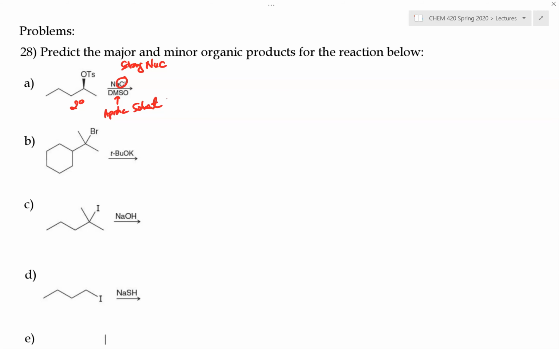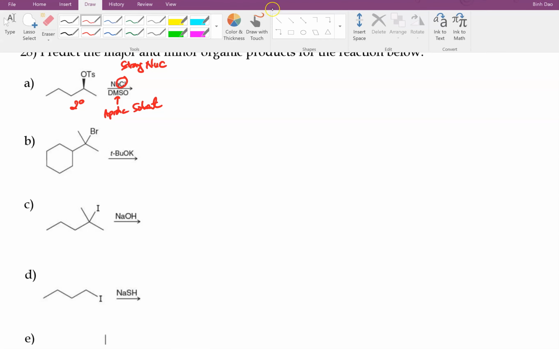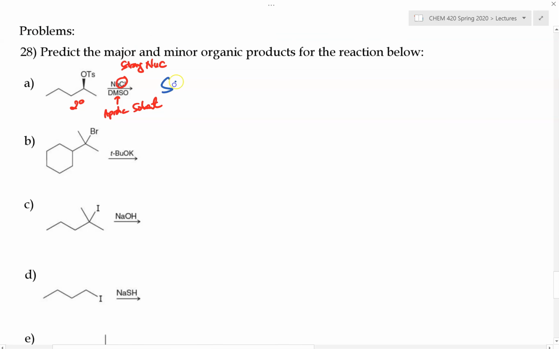And now between SN1 and SN2, which mechanism will be the predominant mechanism? The answer would be the SN2. It will be the predominant reaction mechanism.